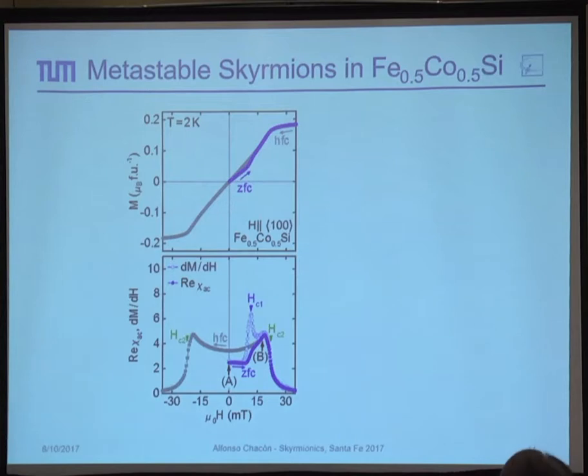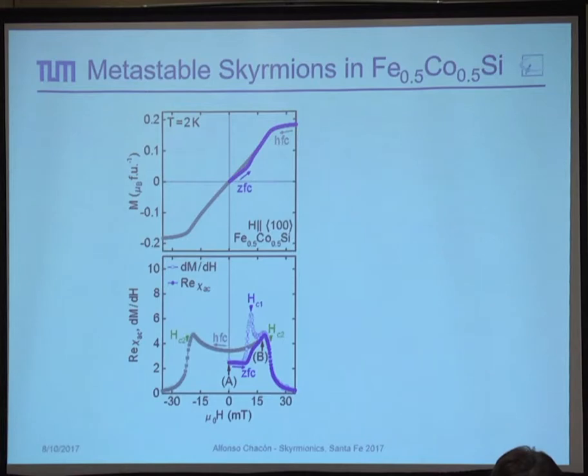This is the easy direction of the system, the helices are propagating along this direction. But this happens regardless of the direction the field is applied. So although, as I mentioned before, we have strong anisotropies, which are identified in the high HC1 compared to the transition between conical to polarized state HC2, the system for some reason does not relax back into the normal phase of propagation into these anisotropies.